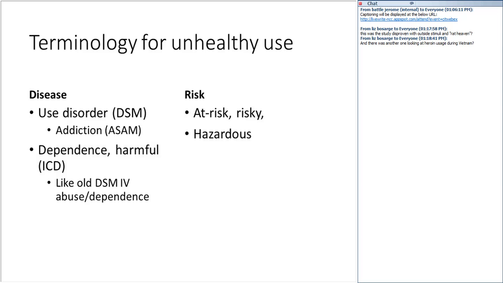But it's certainly a fine term, and I should tell you that when the committee that wrote the DSM book decided to call it use disorder, there was actually disagreement about whether to call it addiction or use disorder. So at least in the minds of the writers of the DSM, they were thinking of using addiction and use disorder interchangeably. Certainly they're both acceptable terms.